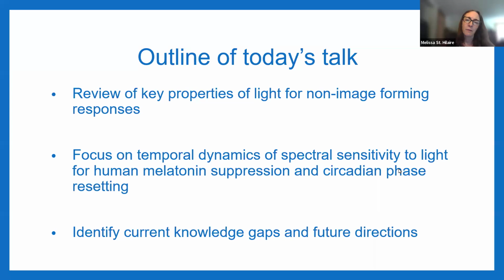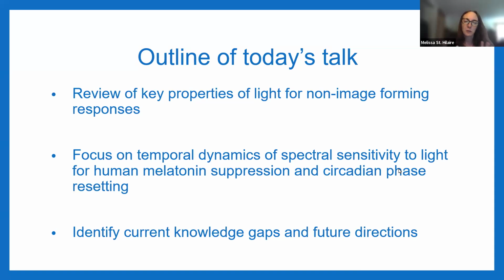So just to outline my talk for today, before I get into the main focus of the talk, which is going to be on the temporal dynamics of the spectral sensitivity to light in humans, I did want to take a couple of minutes to just review some of the key properties of light.